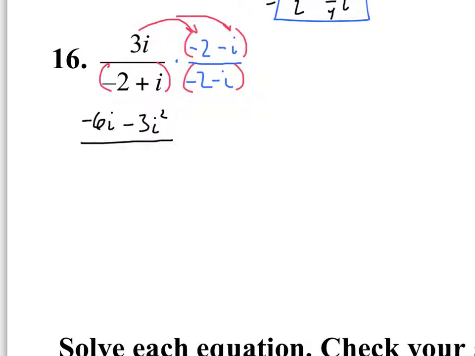On the bottom, we have -2 times -2, +4. -2 times -i, +2i. i times -2, -2i. And i times -i is a -i squared. We don't want i squareds in our answer because i squared equals -1.